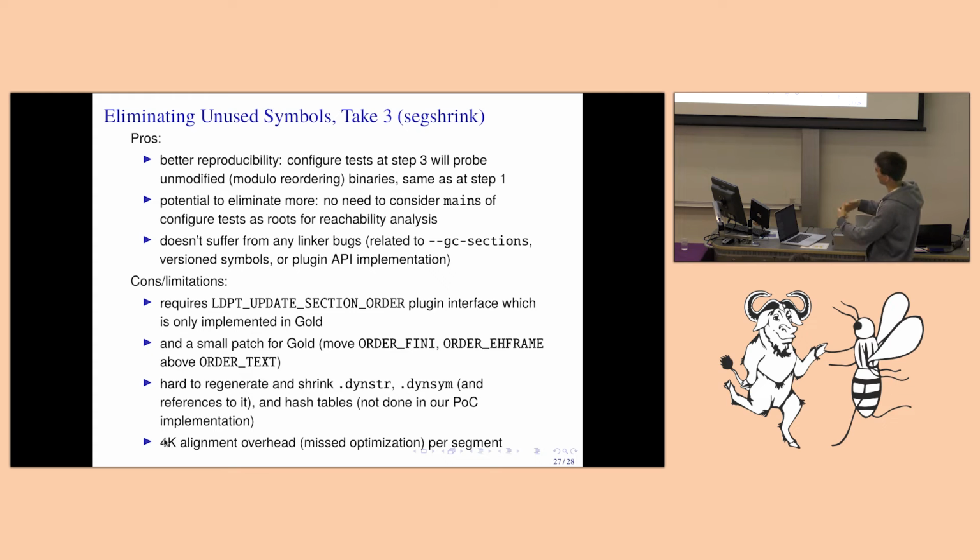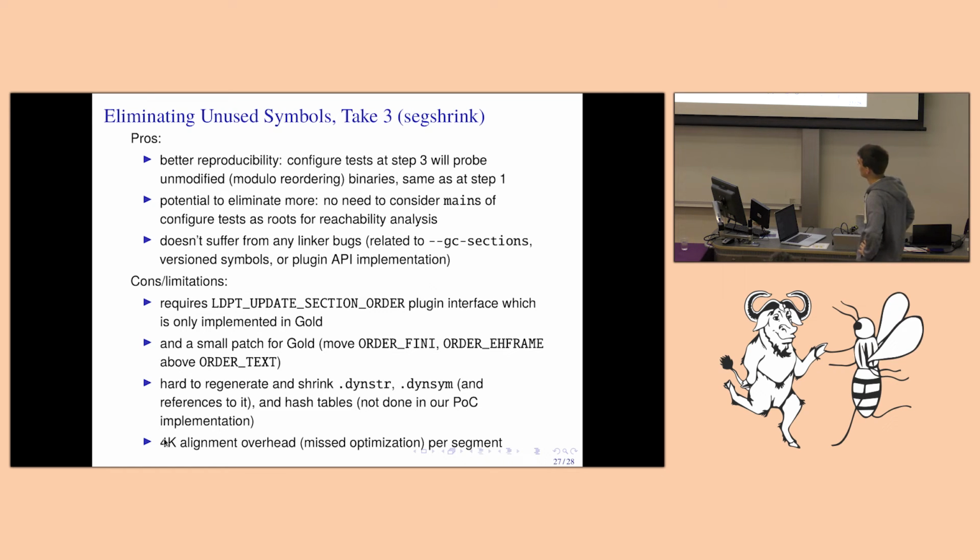And so the build takes a different path, and everything changes. With this approach, we don't suffer from this because at step 3, the configure tests will probe the same unmodified binaries, and we'll draw the same conclusions from them.